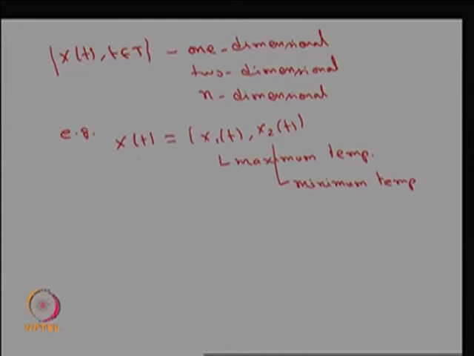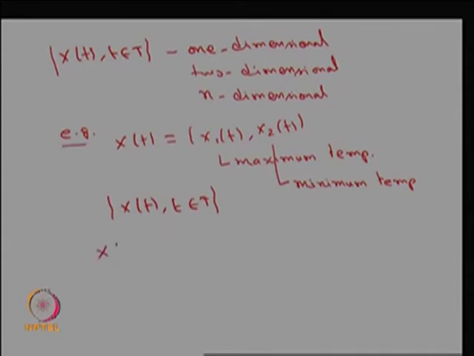That means this is a random vector which consists of two random variables X1(t) and X2(t). For fixed t you have one random vector X(t), and therefore you have a random vector over t, and this random vector will form a stochastic process. Therefore, this is a two-dimensional stochastic process.